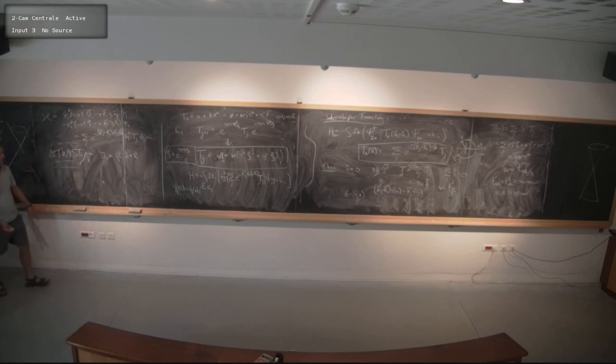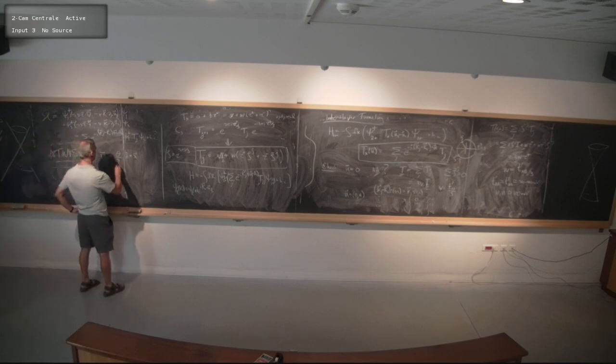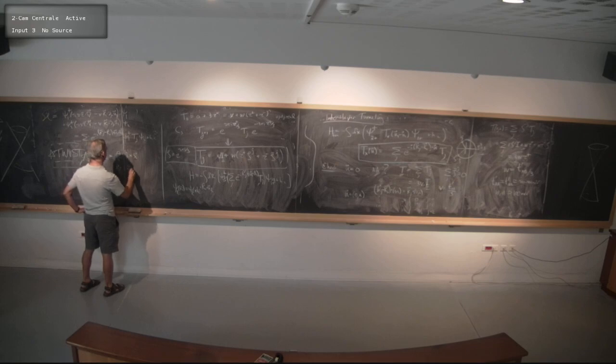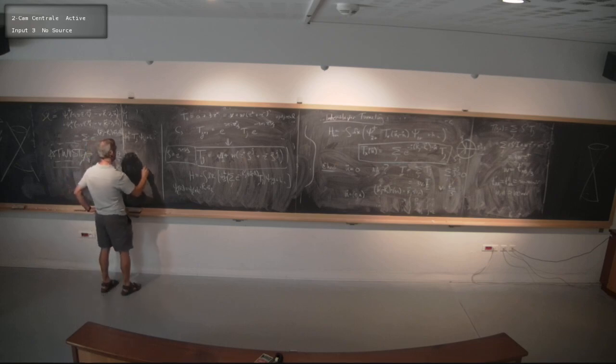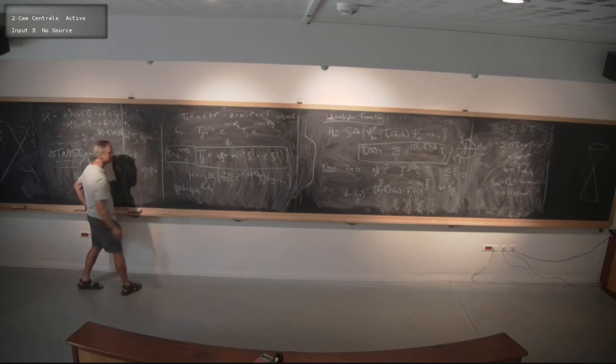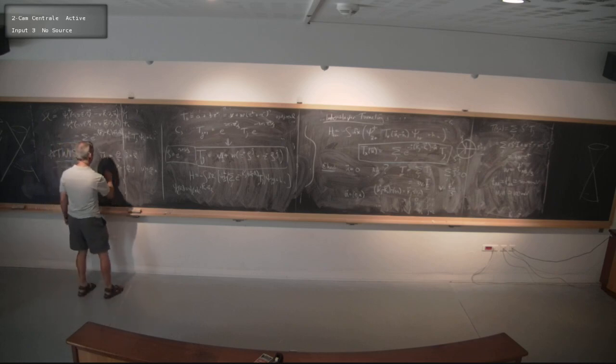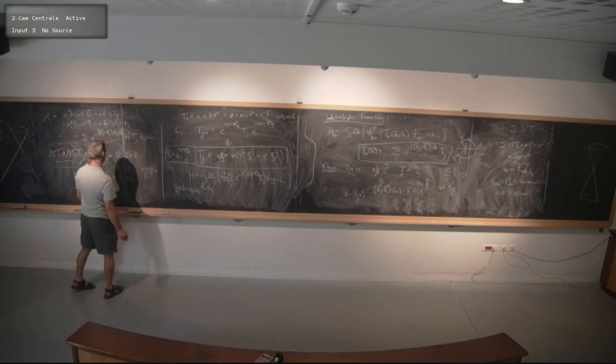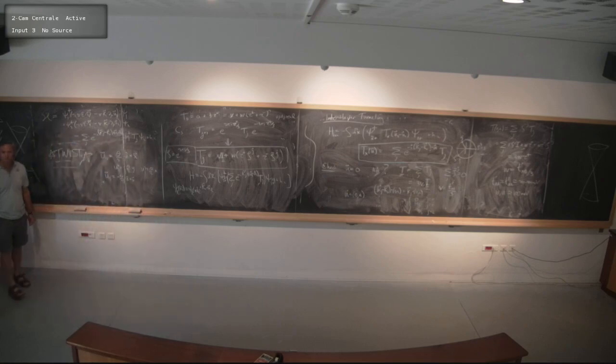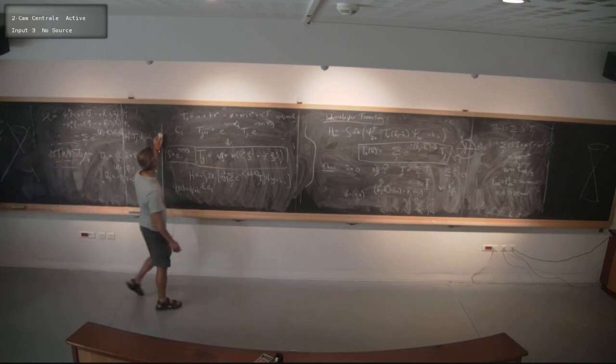If you want to write it in components, U1x is minus theta over 2 y, and U1y is theta over 2 x. So this is a clockwise twist by theta over 2 of the top layer. And then for the bottom layer, we're going to do the opposite twist. Okay, so that's all we need to do. Plug that into here. We're in business.